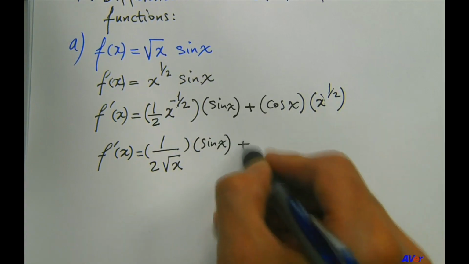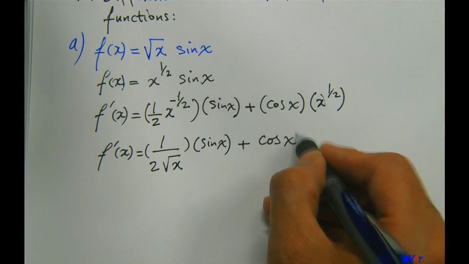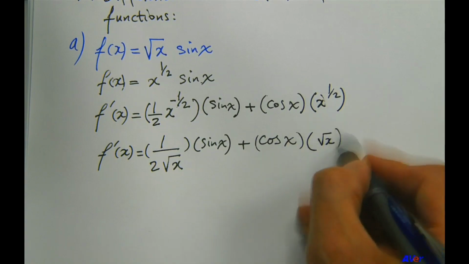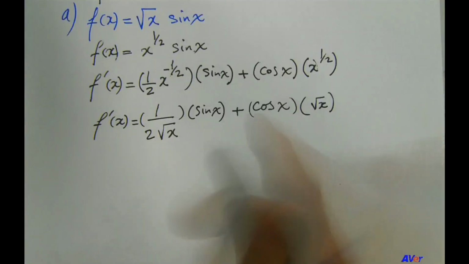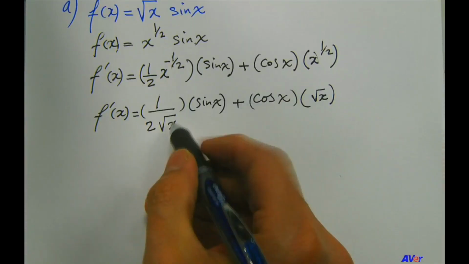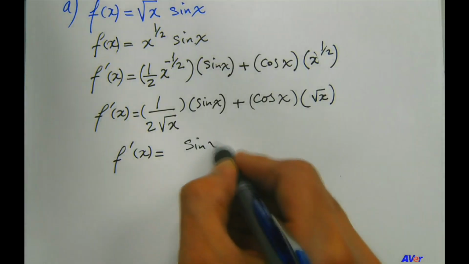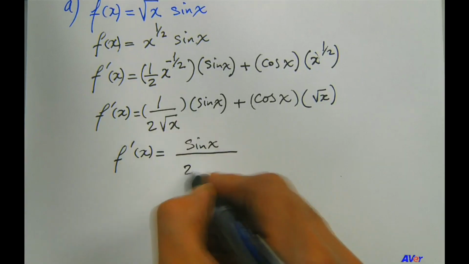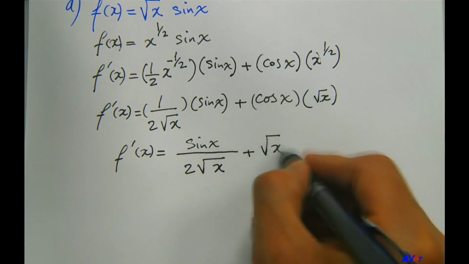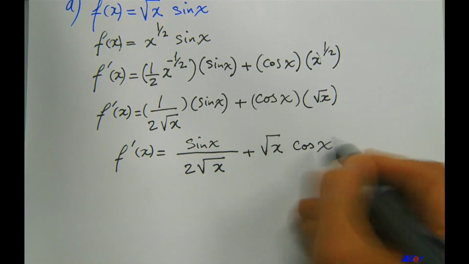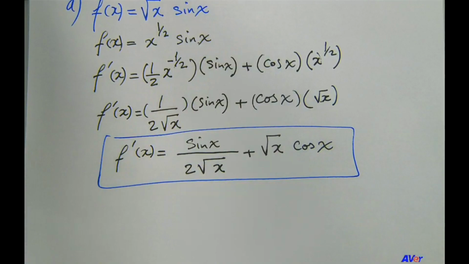And of course, this is plus cosine of x times square root of x, right? Like that. So I guess I can improve on this also. So f prime of x would be equal to sine of x over 2 square root of x plus, and let's put this first, square root of x times cosine of x. So there we have the derivative of the original function.